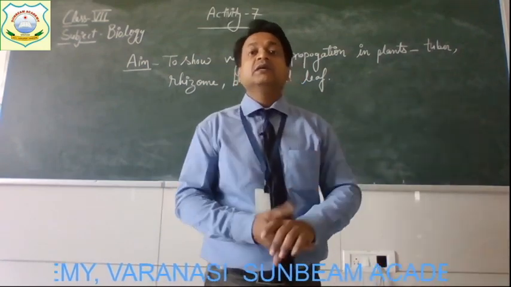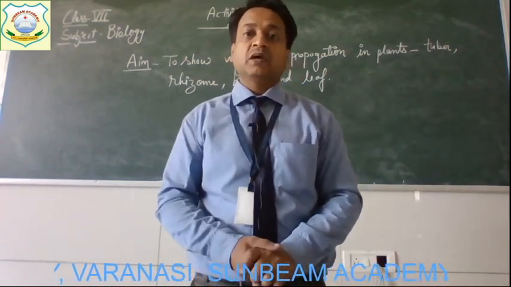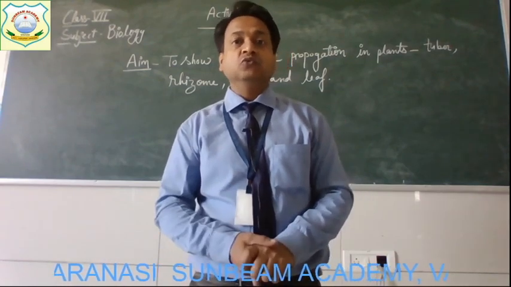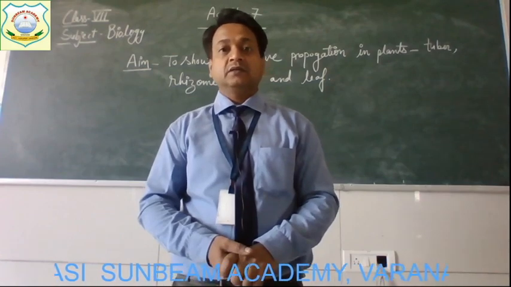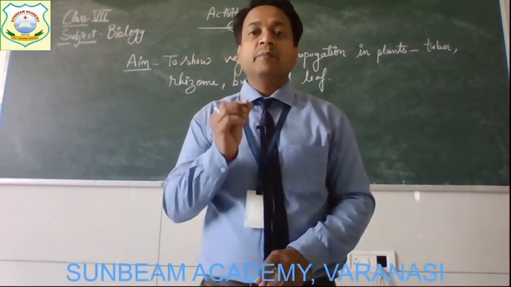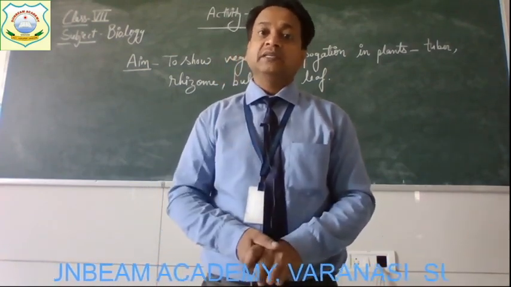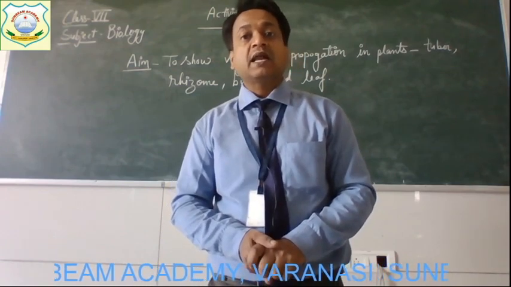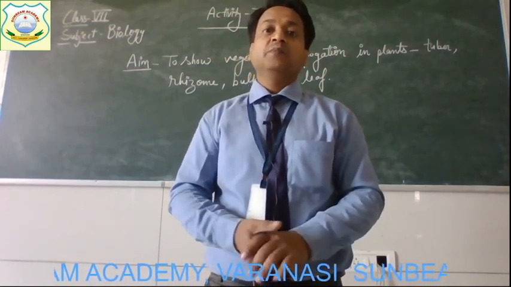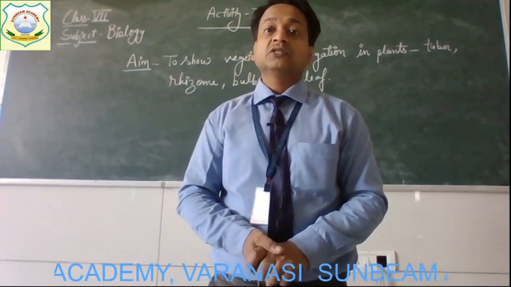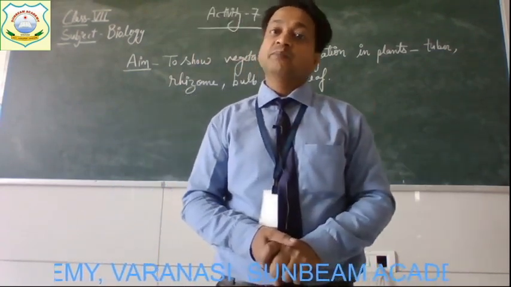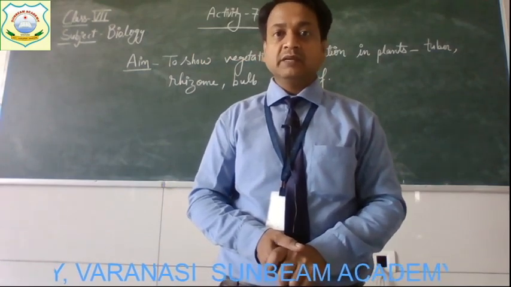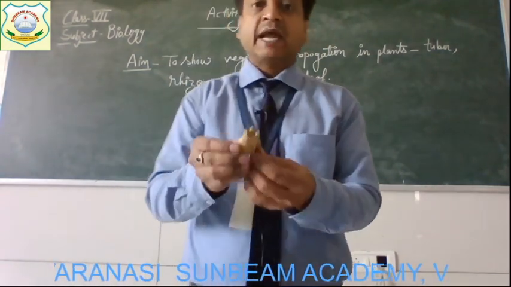A tuber is the swollen stem of the plant which stores food, and this swollen stem produces new plants because it has small buds or eyes on it, and those buds or eyes produce the new plant. The example of a tuber is potato. Here I have a potato.